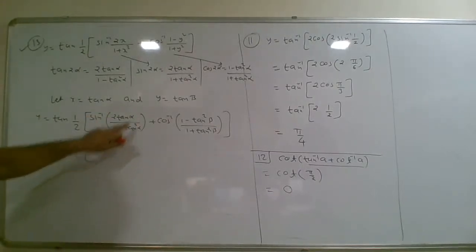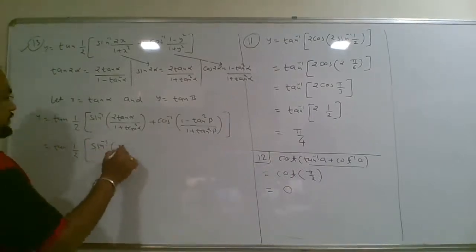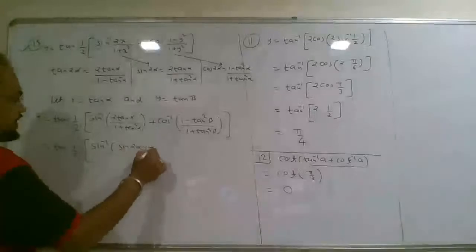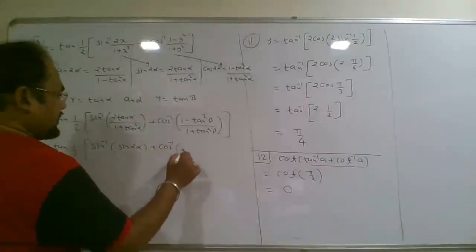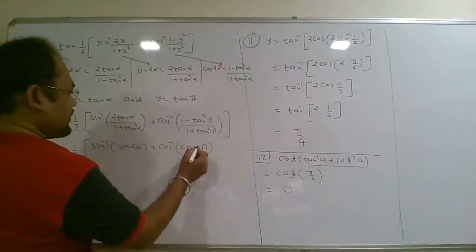It is the formula of sin 2 alpha. So half of sin inverse sin 2 alpha plus cos inverse cos 2 beta. These two formulas.